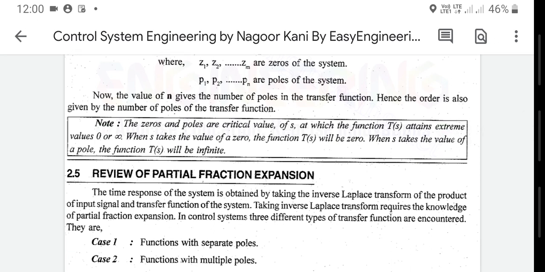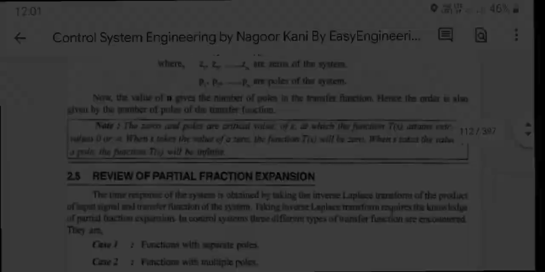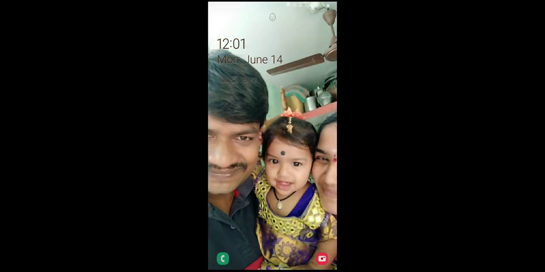Here, the value of n for the given poles is nothing but the actual order of the given system. Why are we saying it is the order of a system? For the transfer function, when s takes the value of a pole, the function T of s will be infinite.